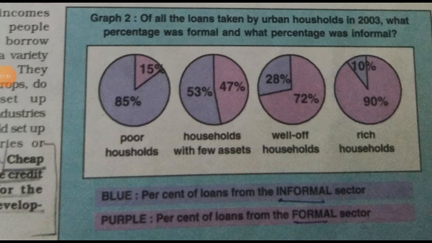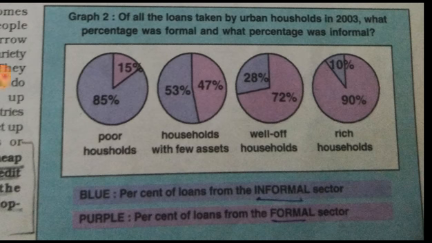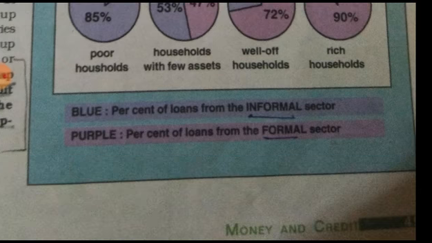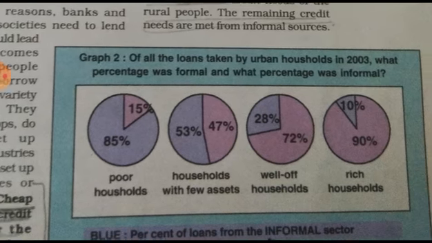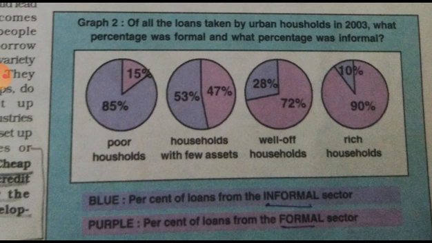This is graph 2 which we have discussed. Here the same thing is given. In this, people are divided into 4 groups, mainly from poor to rich, as shown in the figure we just discussed.